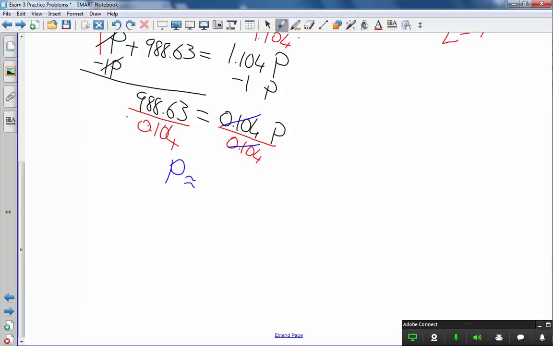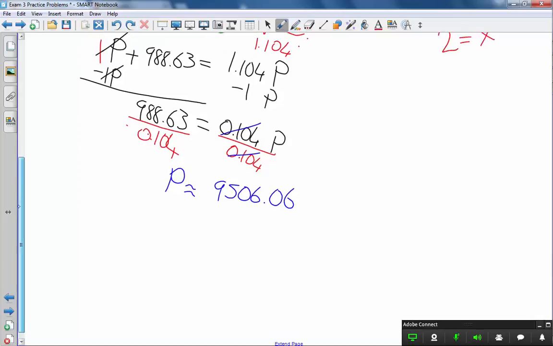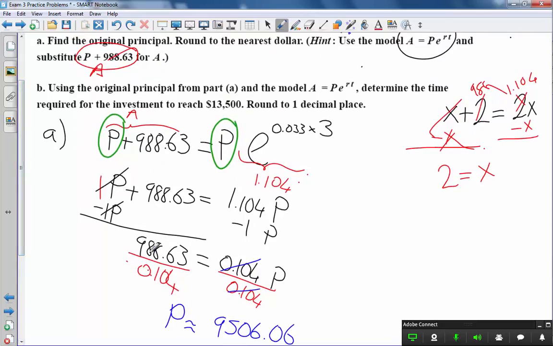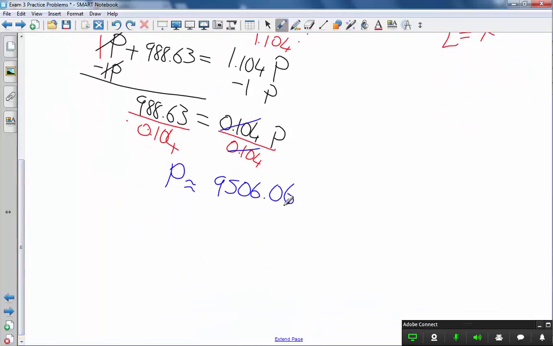What is P? 9,506.06. That's rounded. They want how many decimal places? One decimal place. So I will round this to 9506.1. Does it make sense?